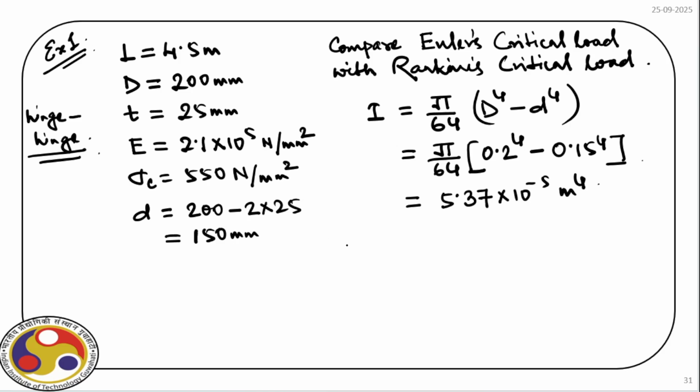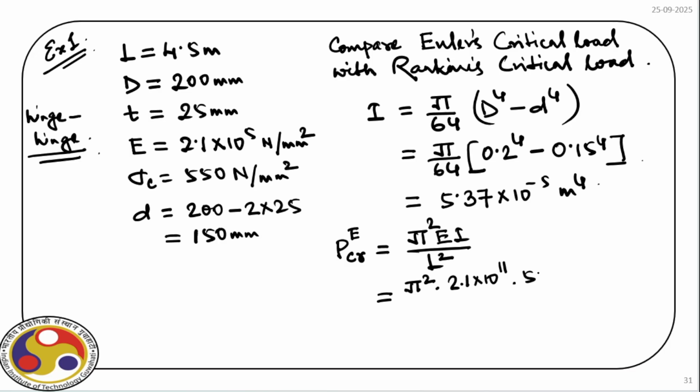Now we can find out critical load. So P critical Euler is equal to pi square EI divided by L square, which is equal to pi square times 2.1 into 10 to the power 11 times I, which is 5.37 into 10 to the power minus 5, divided by length of the column, which is 4.5, so it is 4.5 square.